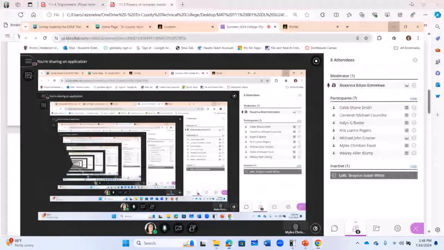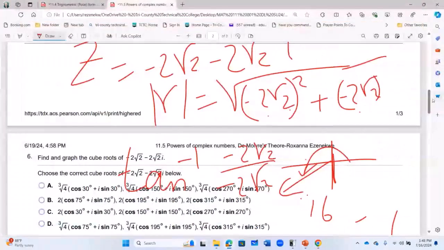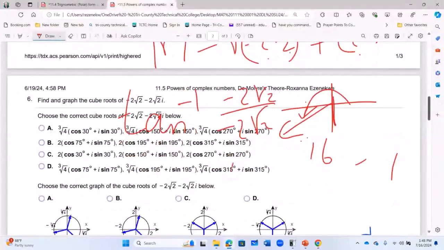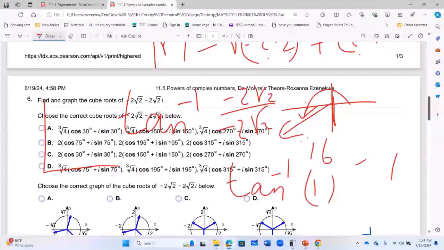All right, so now the arctangent is: what is the angle whose tangent is 1? That is 45 degrees. I hope you agree. Remember the 45, 45, 90 triangle.